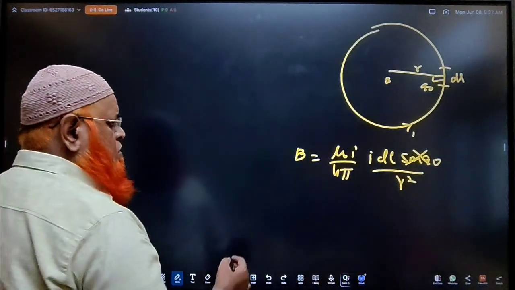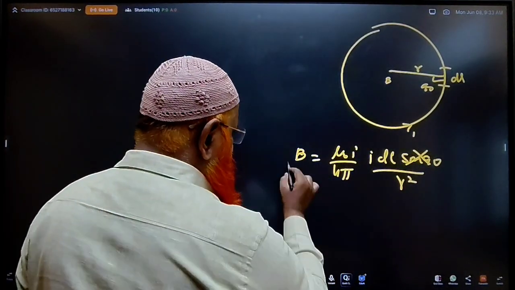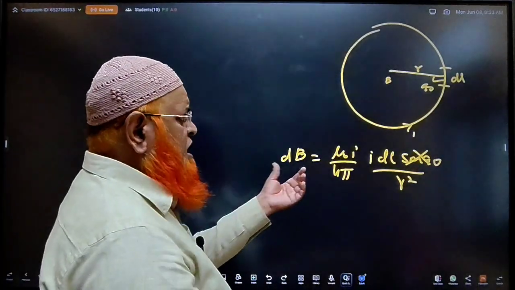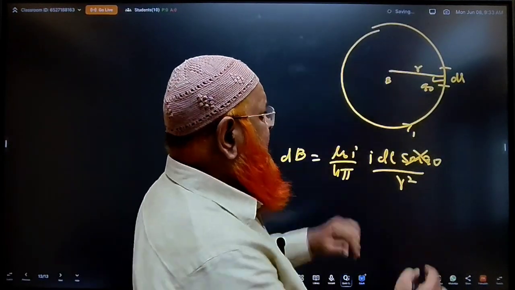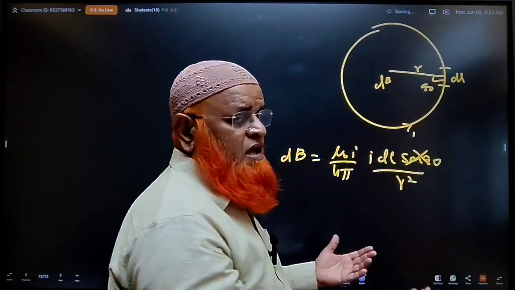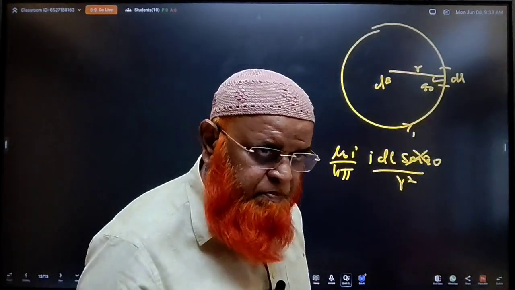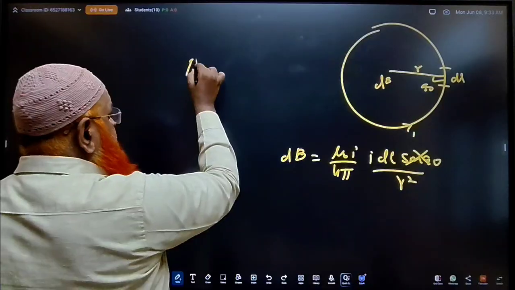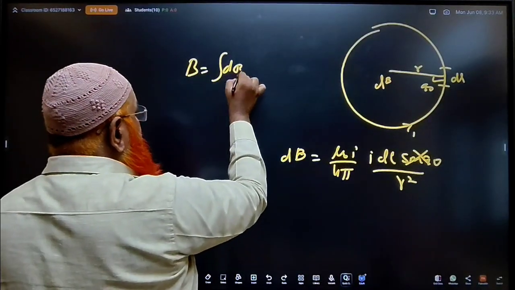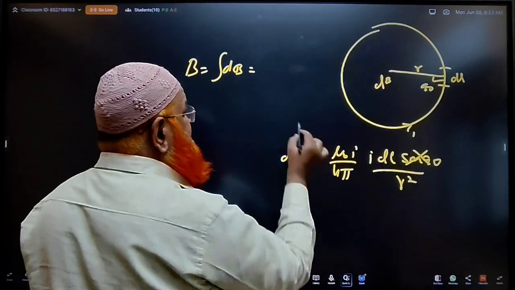This is taken as dB for the smallest wire, the magnetic induction at the center. For the complete wire, I am taking B here. Integrating dB means integrating, what are the constants here?